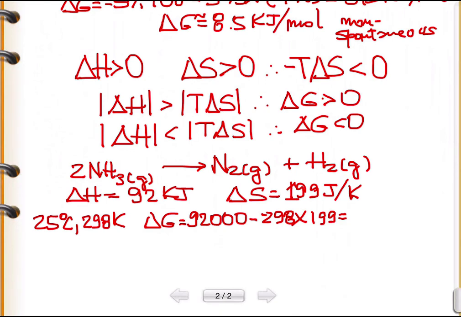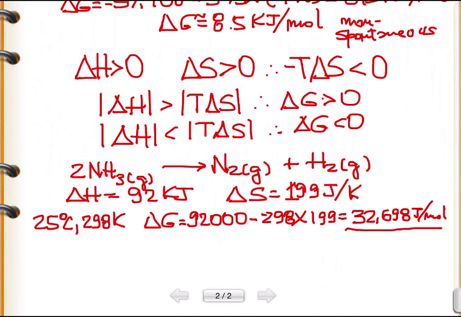Let's plug in these numbers, and it gives us 32,698 joules per mole. Per mole of the product, right? So this would be a non-spontaneous reaction under that condition.